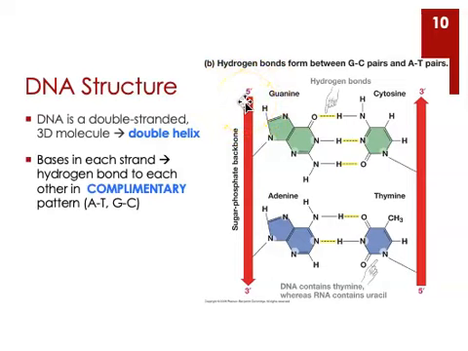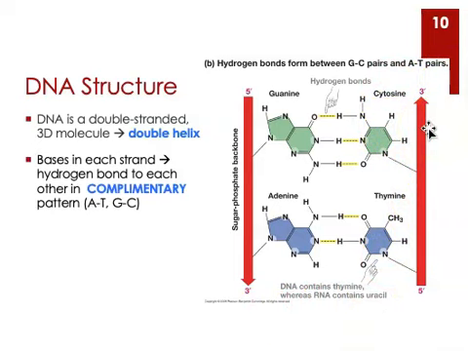When you put two strands of DNA together, the direction of that strand is going to be opposite one to the other. In other words, if the 3' end is over here on this strand, it's going to be at the opposite end on the second strand.